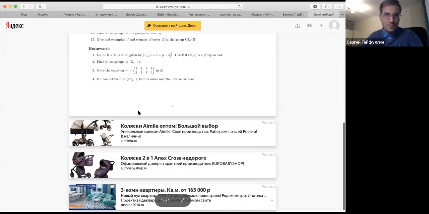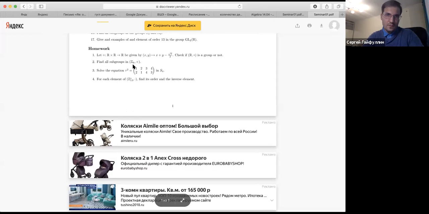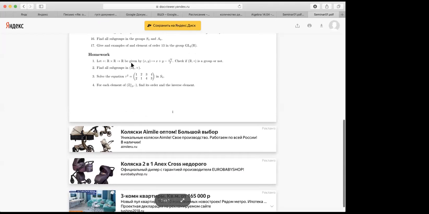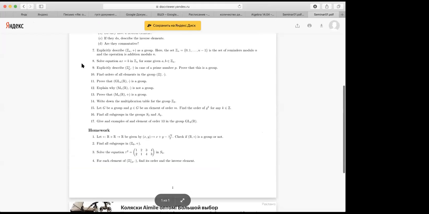Here, your homework, number 2, yes? Yes, that's Z6, and the operation is addition, and Z6 has 0 in it. But in the notes that you have sent to us, all the Z's have started from 1.